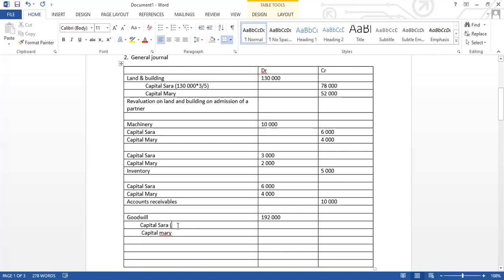So in this case, we have 192,000. And what is Sarah's profit sharing ratio? It's 3/5. So we multiply by 3/5. So how much will Sarah get? 115,200.